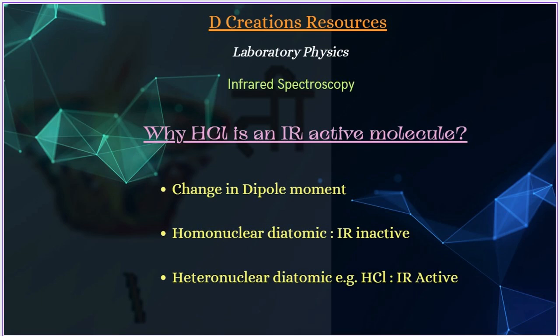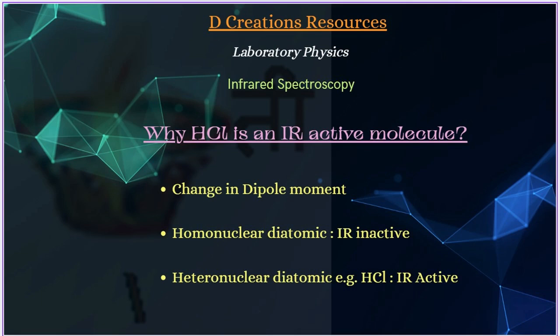But if you consider the case of heteronuclear diatomic molecules, homo, as you know, is similar and hetero is different. So what could be an example of the simplest molecule? Carbon monoxide or HCl for that matter.